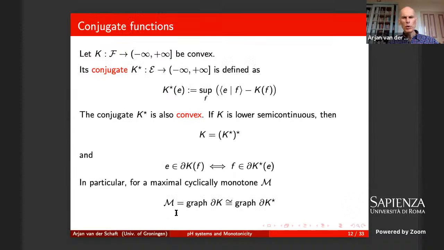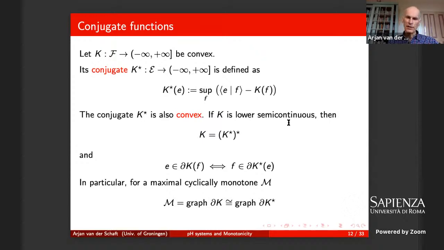And then one more notion that I will need later on, that is the well-known notion of conjugate function, which you know very well from convex optimization. So if you have an extended convex function k, like before, then on the dual space E, you can define this conjugate function, defined like this. And then you can show that this is also convex.